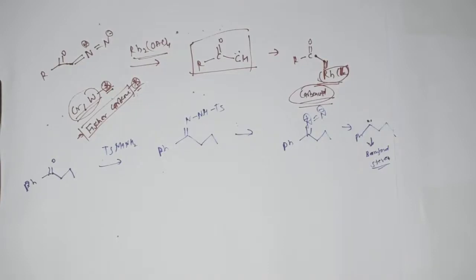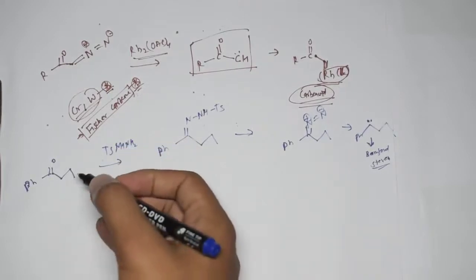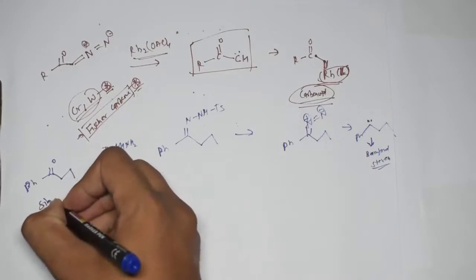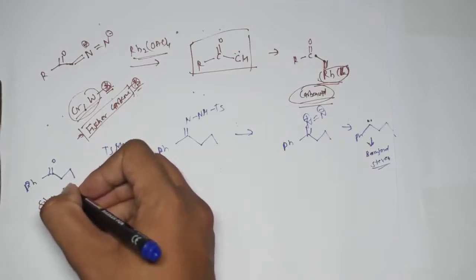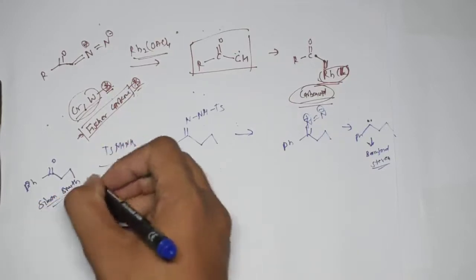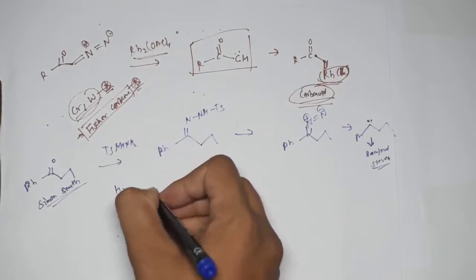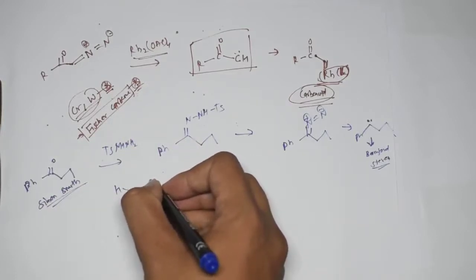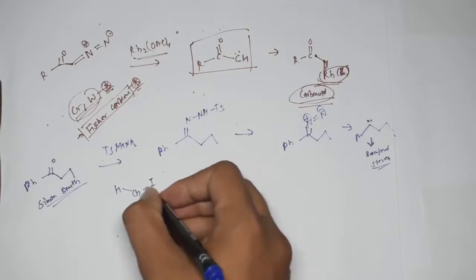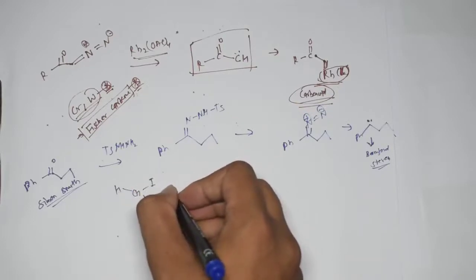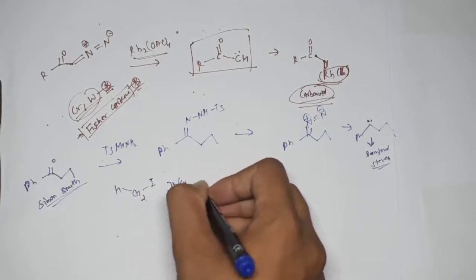So we discussed so many examples regarding this, and after this, let me take the example of the Simmons-Smith reaction. In that case we had ICH2I, something like this, and we were treating it with zinc-copper couple.